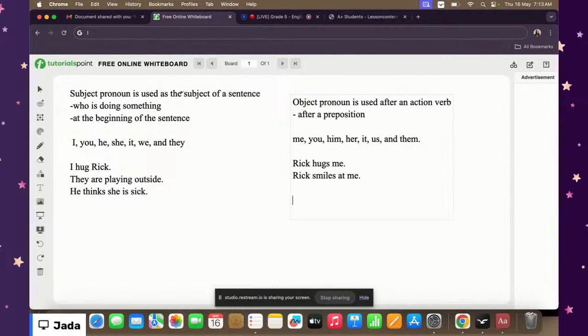Give some examples of object pronoun. Please let us know. Do you have any example?